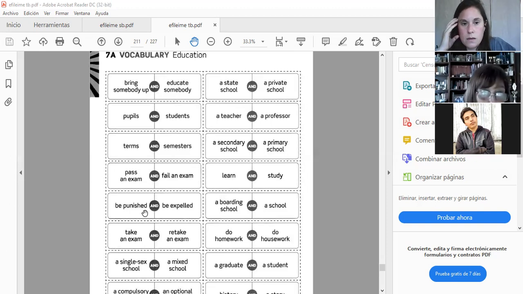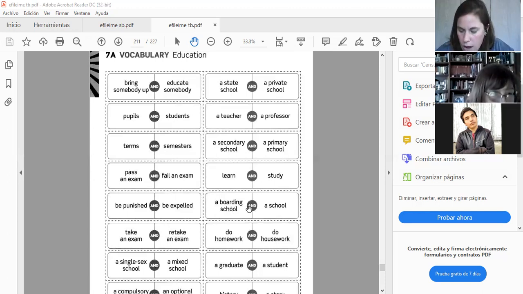And to be expelled is when you, I'm not sure, but I think is when you do something really wrong and the authorities ask you to leave that school or institution. Yes. When you are expelled, you're thrown out of school. You're not welcomed at that school anymore. Expulsar. And be punished. What's the translation of being punished? Castigar. Yes, excellent.